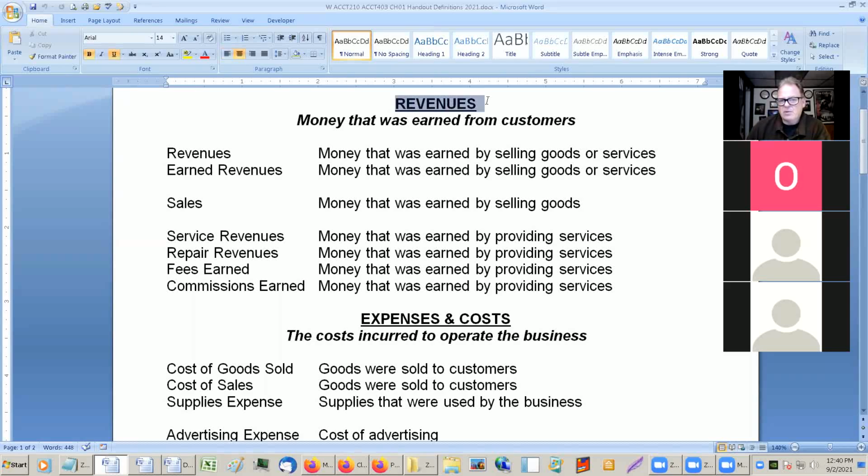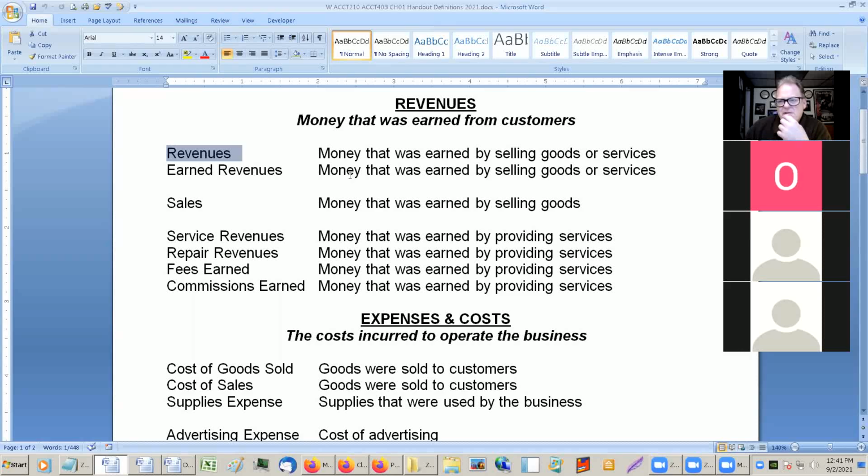For instance, the revenues account. Let's go ahead and get started on this one. The revenues account is just money earned from customers. They haven't necessarily paid us yet, but if we've earned the money, we may have accounts receivable, which we'll talk about later, meaning they owe us money. They just haven't paid us yet. So revenues is the general account, and most companies use it.